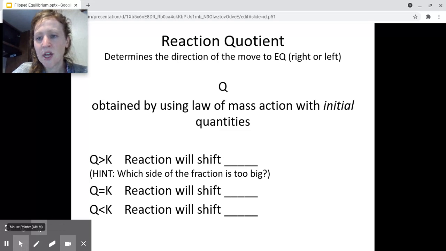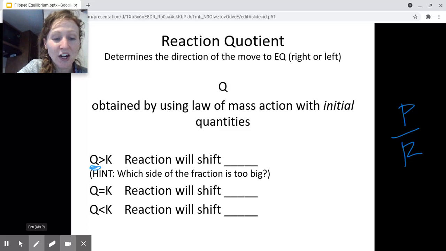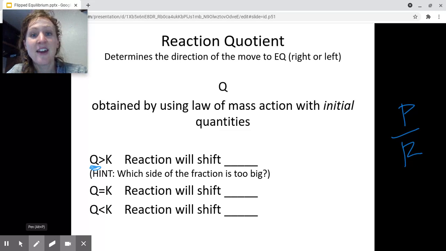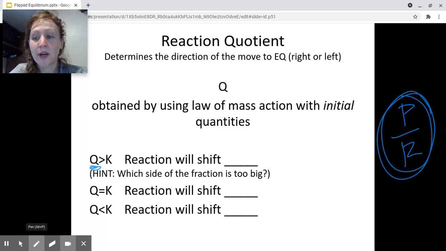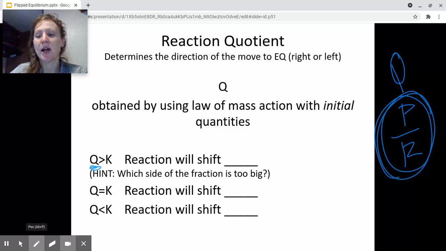All right, so remember, it's a ratio of products to reactants, right? I'm going to get so sick of hearing me say this. So if Q is larger than K, then our fraction where it stands at Q needs to get smaller. In order to get smaller, reactants have to get bigger, products have to get smaller.